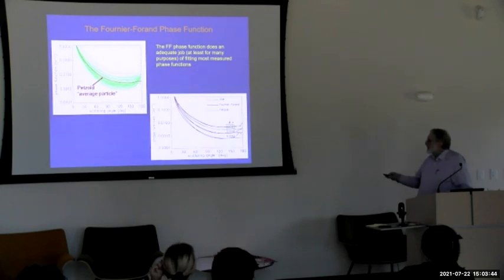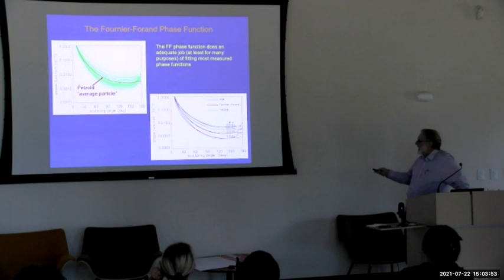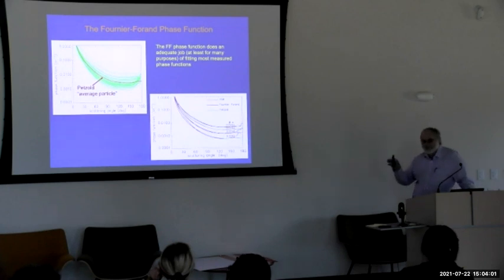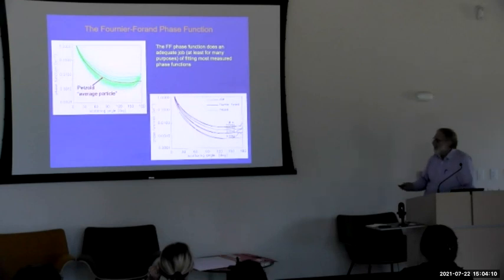And they do pretty well out to about 160 or 170 degrees. And then the measured one goes back up, whereas the Fournier-Forand tends to level out. So things can be off by a factor of 2 or 3 or whatever here, even if over the rest of the range, it's very good.